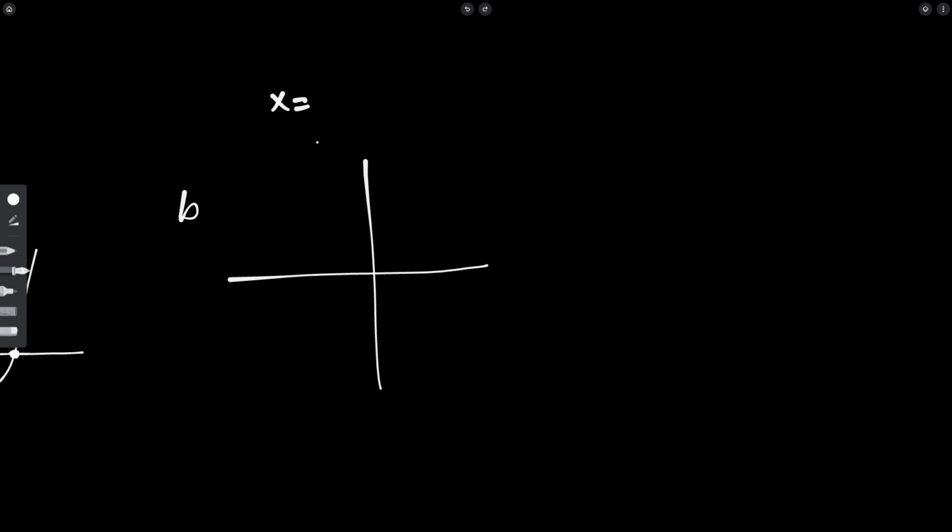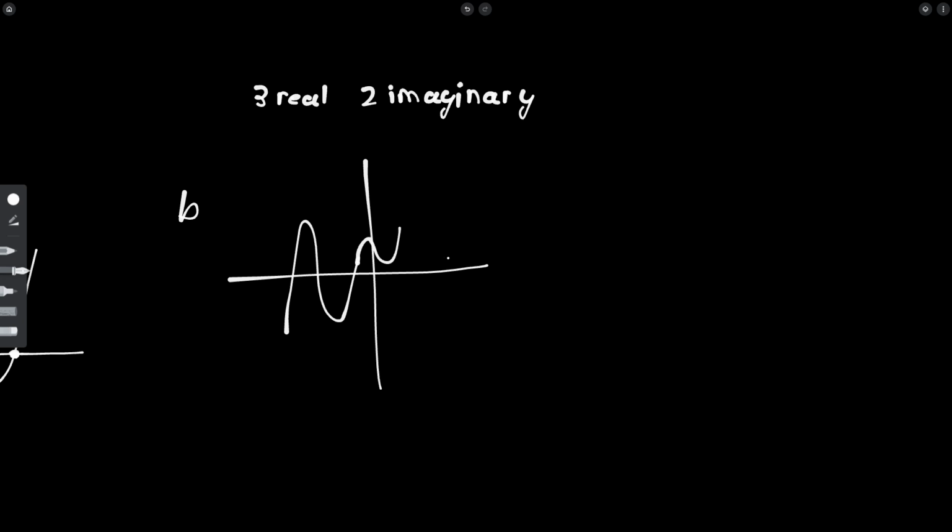So when we're given that we have 3 real and 2 imaginary, we need to draw a graph such that there are 3 points where it crosses the x-intercept and 2 points where it doesn't cross the x-intercept, but they do with a vertical shift. So something like that.